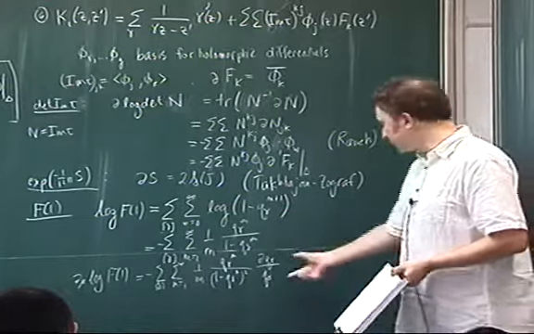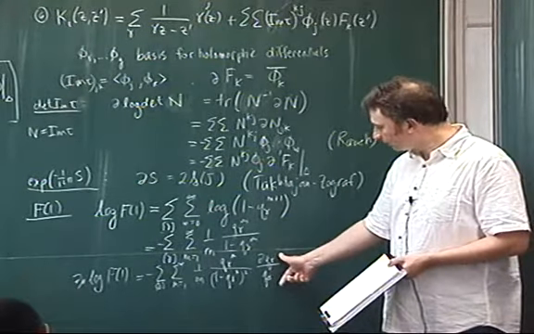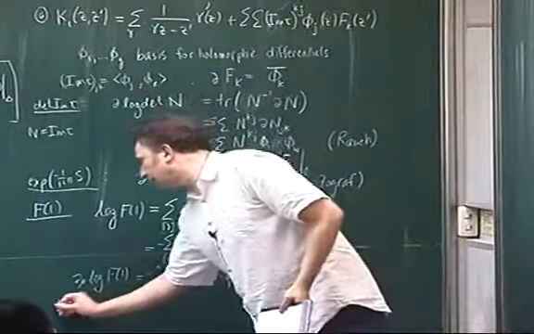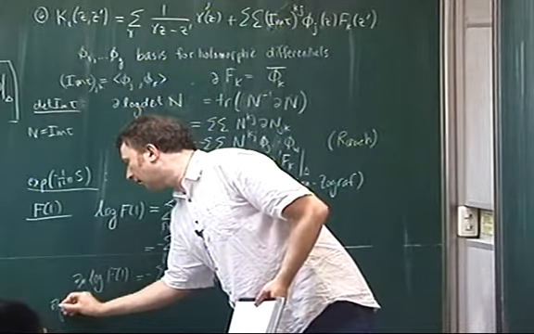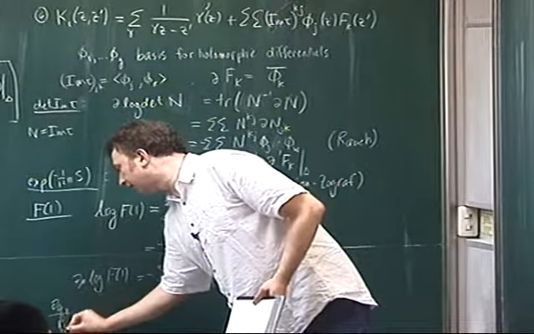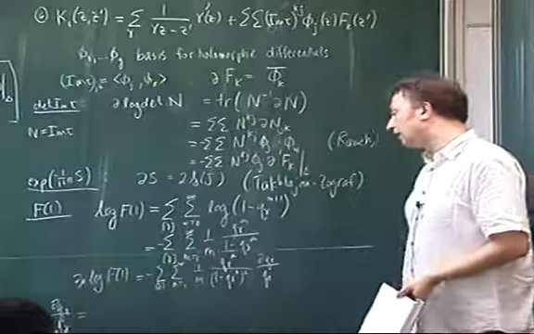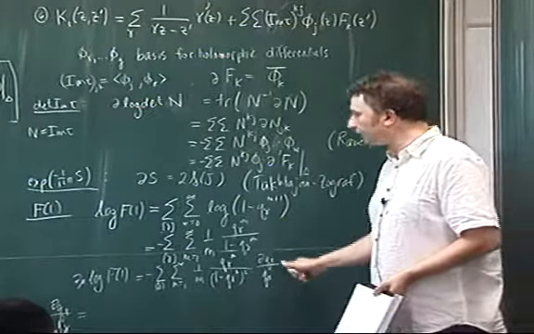and then finally, this is where the Teichmüller theory appears: the derivative of the log derivative of the multiplier.